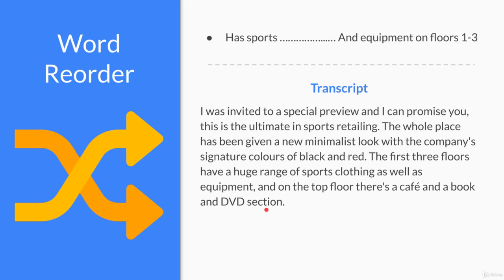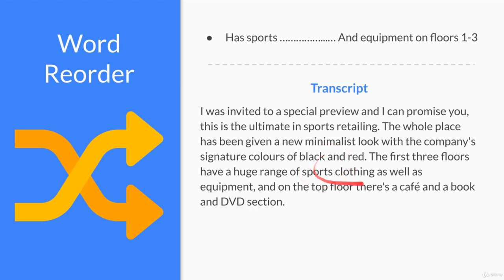Okay, so what we mean by word reorder is they will switch up the order of the words in the question or the keywords in the question. So just because in the question the word sports appears before the word equipment doesn't mean that when you hear it, it will be in the same order. Okay, this may not be the case.